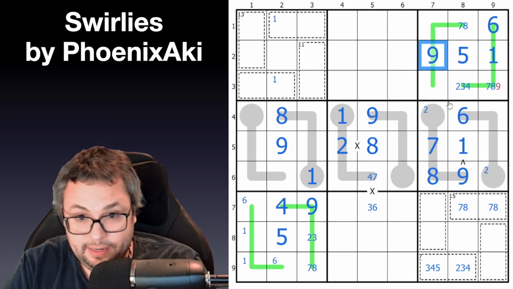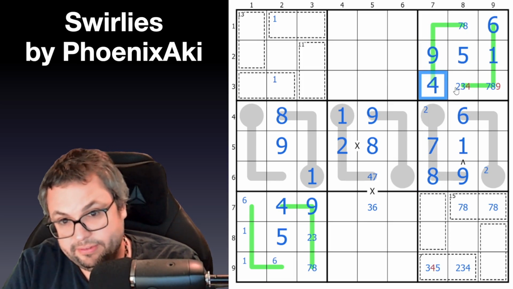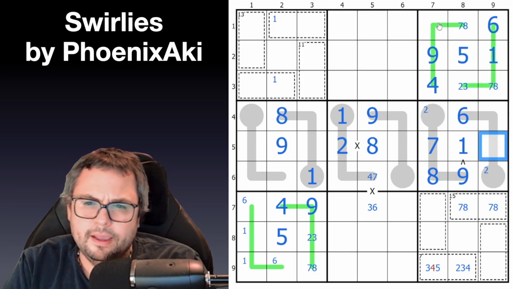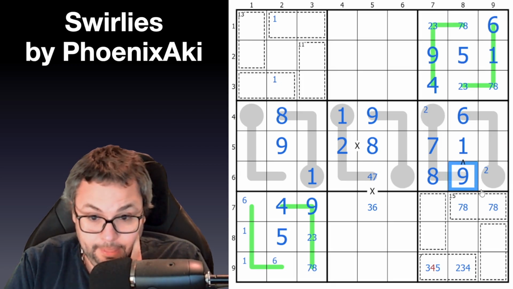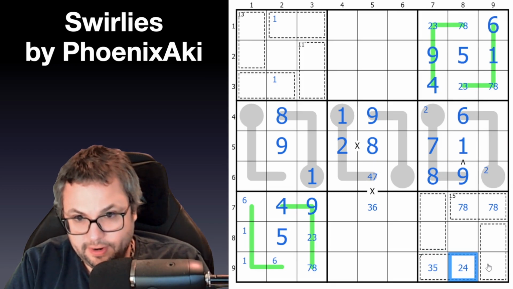This is the 9. Because it's a 7, 8, 9, and it's not a 7 or 8, which makes that the 4, because the 4, remember, always goes next to the 9. And this is a 2, 3. Let's see, that 4 looks down, so that's not a 4, so that's not a 3.